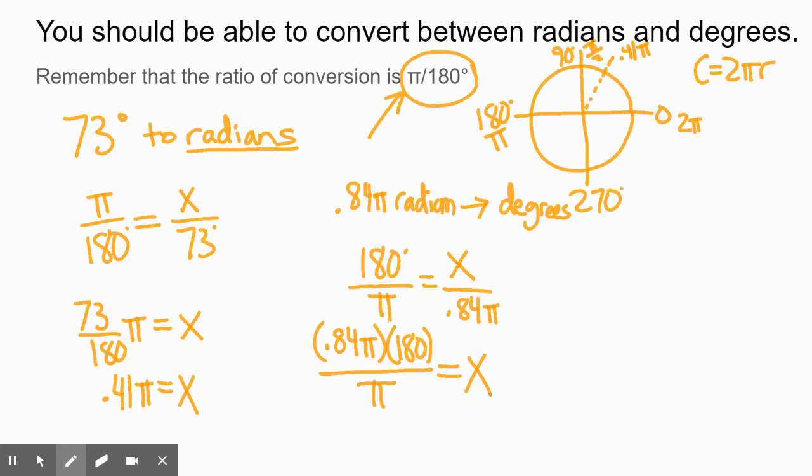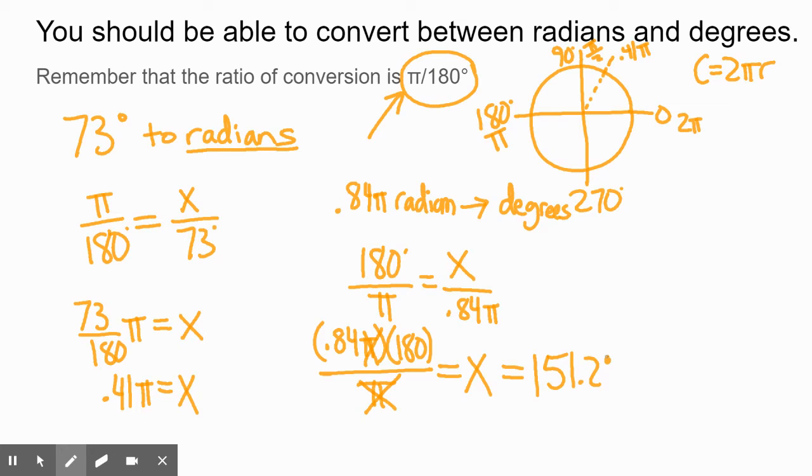Okay, so from there, the pi's cancel out, obviously, and you're just left with 0.84 times 180. So that's going to equal 151.2 degrees. Does that make sense?